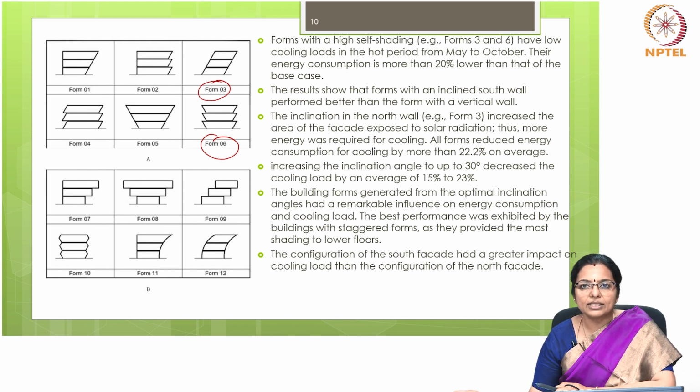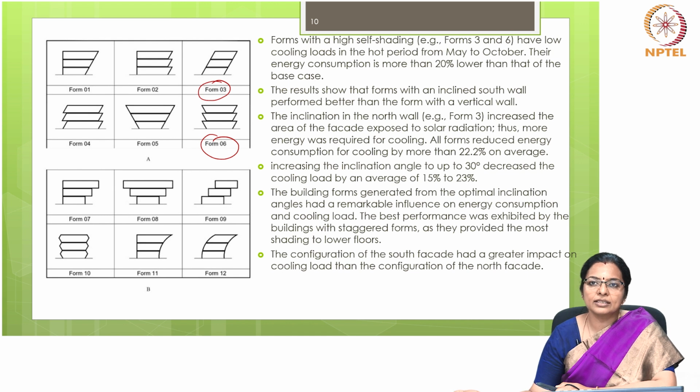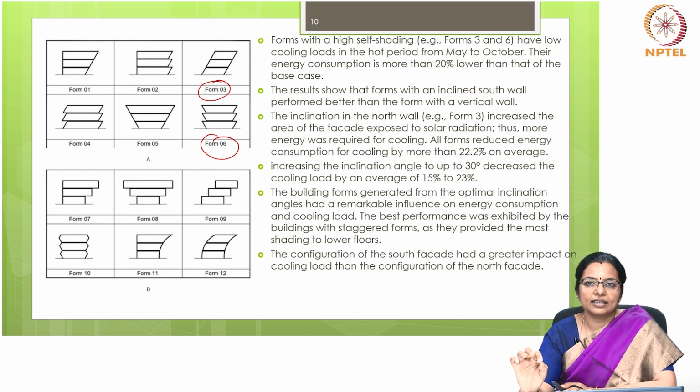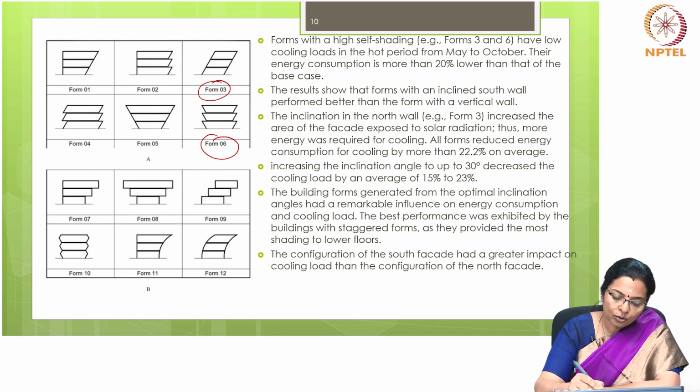So, this influence on energy consumption and cooling load was very good when these forms were generated with the correct amount of inclination. The best performance was exhibited by the staggered forms, as they provided the most shading to the lower floors.